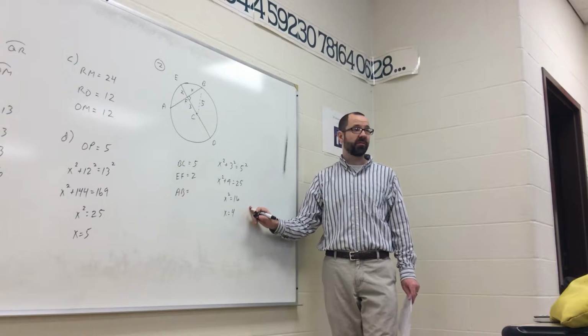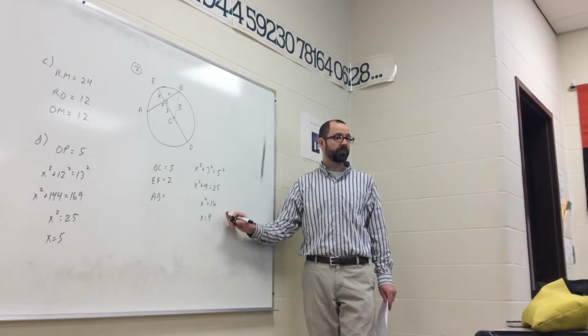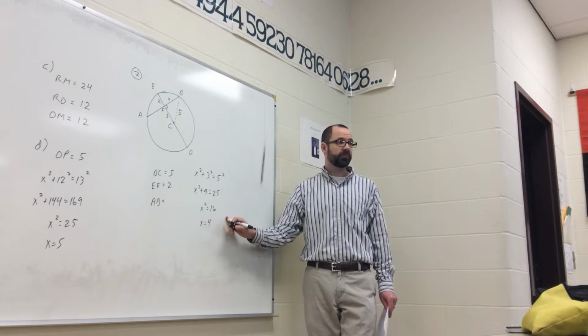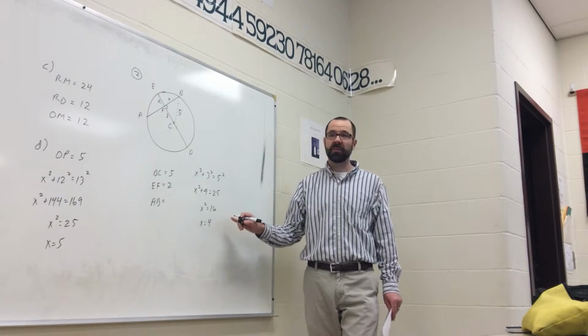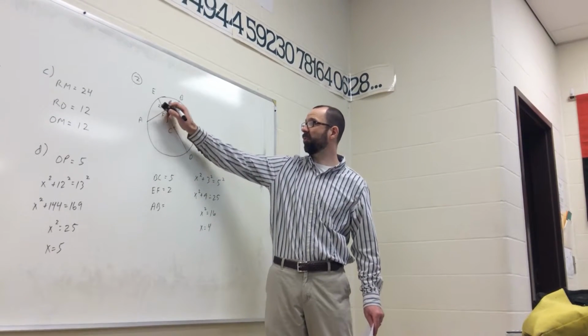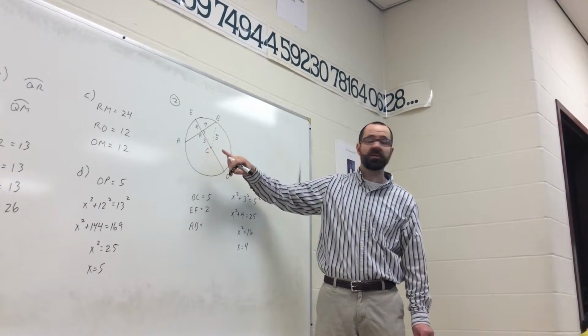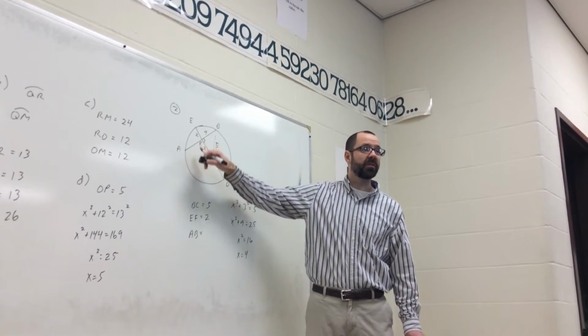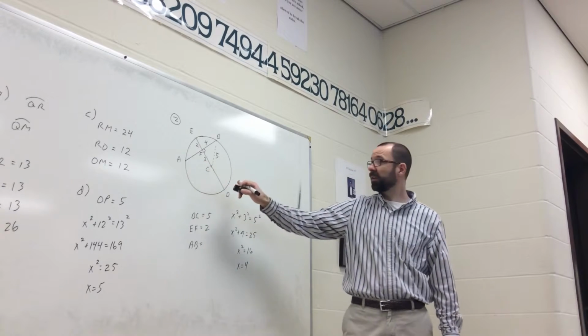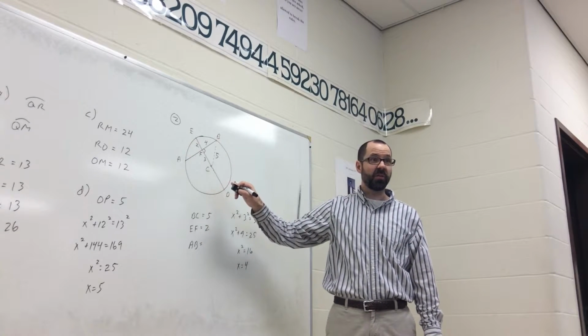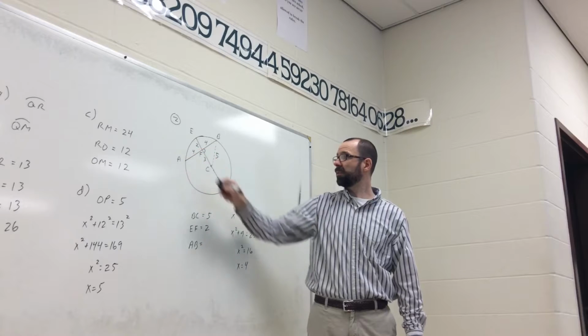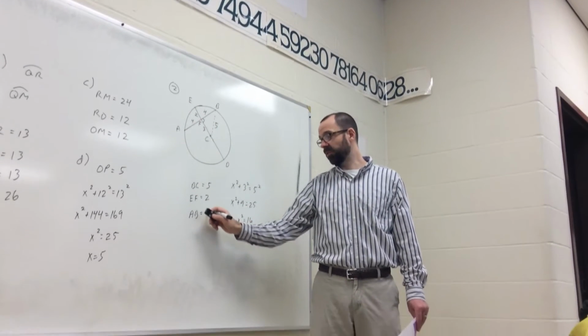So the x comes out to 4. So this piece up here is 4. So then how big is this piece? 4 as well, because the diameter is bisecting the chord. So then from A to B is a total of 8.